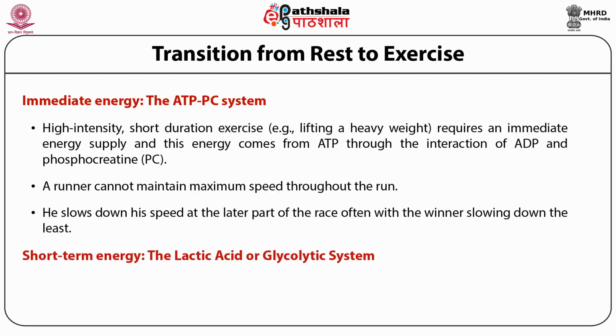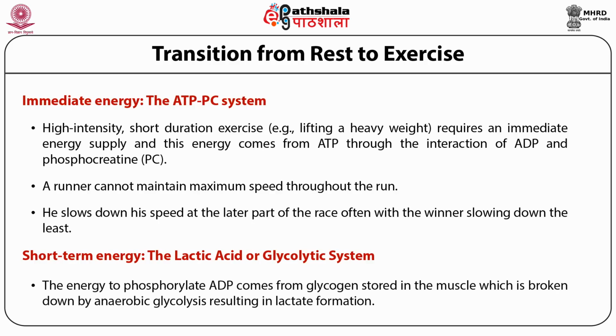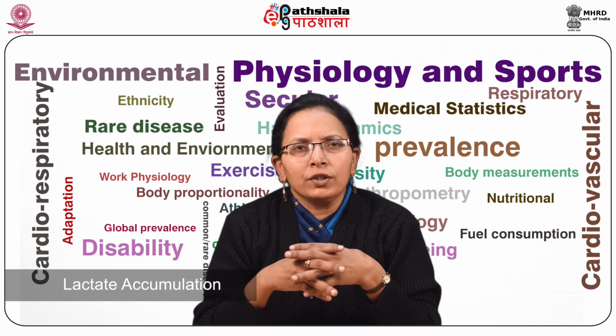Let's see short-term energy, the lactic acid or glycolytic system. The energy to phosphorylate ADP comes from glycogen stored in the muscle, which is broken down by anaerobic glycolysis, resulting in lactate formation. Let's see the lactate accumulation.